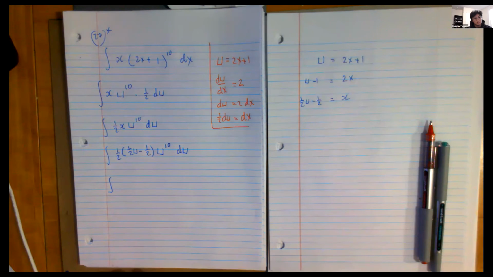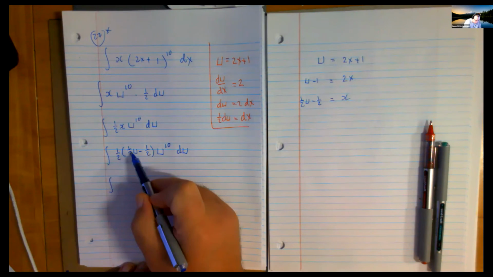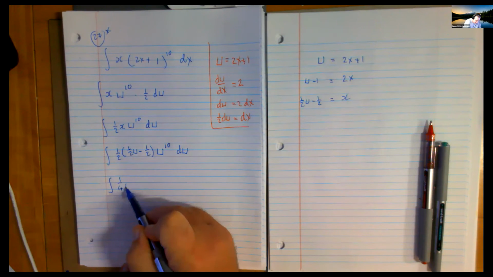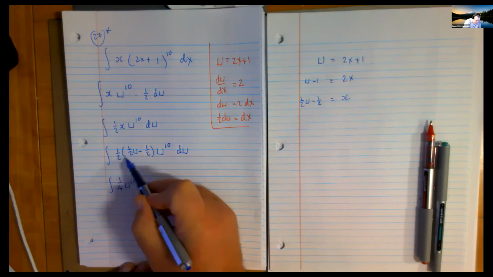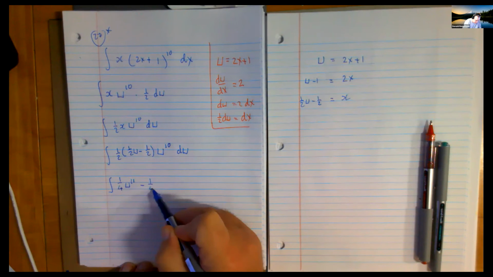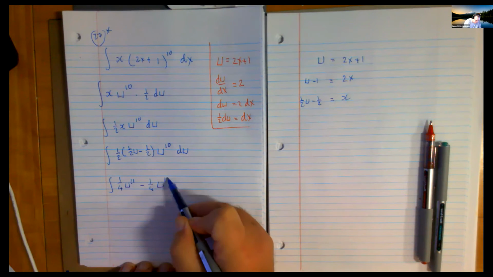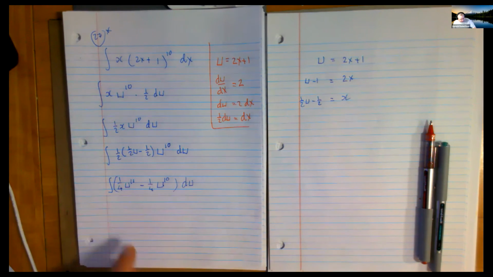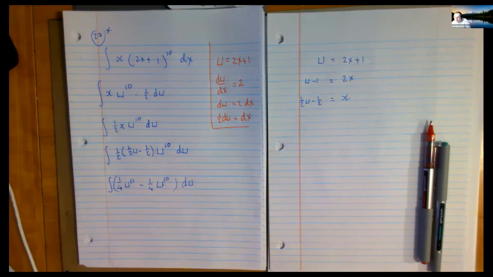Okay then, 1/2 times that half's a quarter u times that gets you 1/4 u to the 11. A half times that is negative a quarter times a u to the 10. Would you agree that this is just a power rule and off you go and you can complete the question?